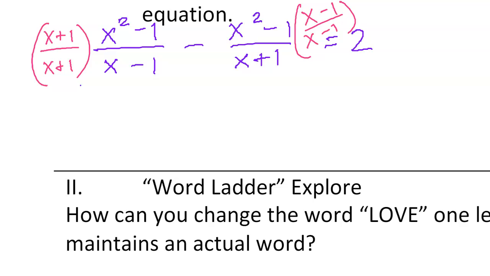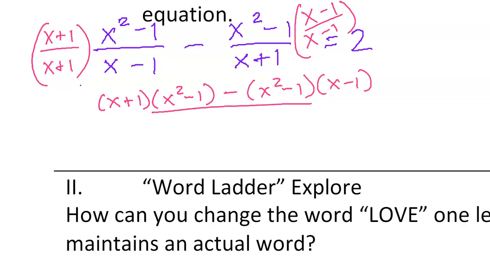Now for now, I'm going to keep the numerator separate. So I'm not actually going to distribute these 2 binomials together. I'm just going to for now leave it as x plus 1 times x squared minus 1, minus x squared minus 1 times x minus 1. And I will, however, multiply my denominators.